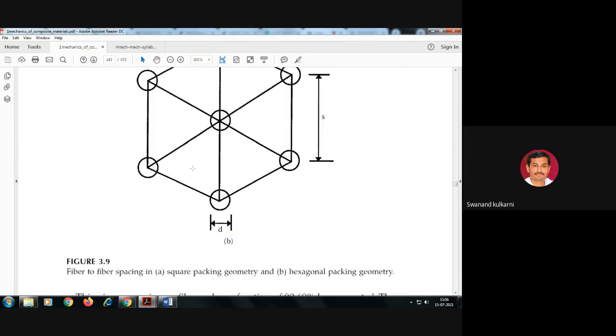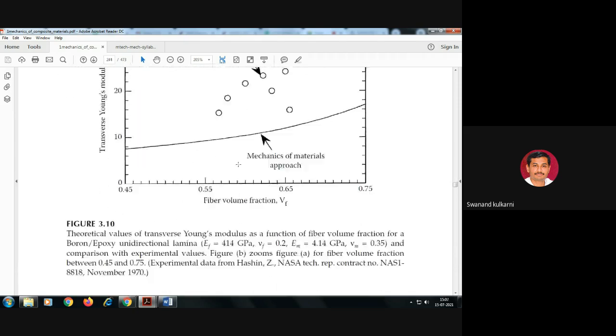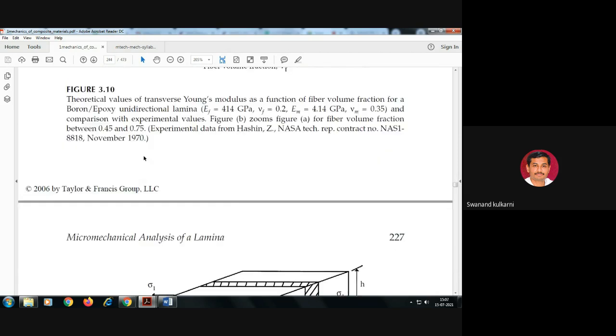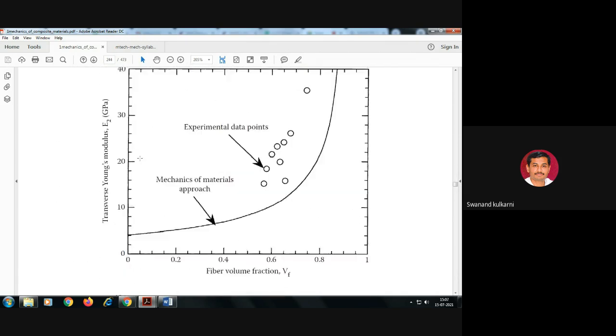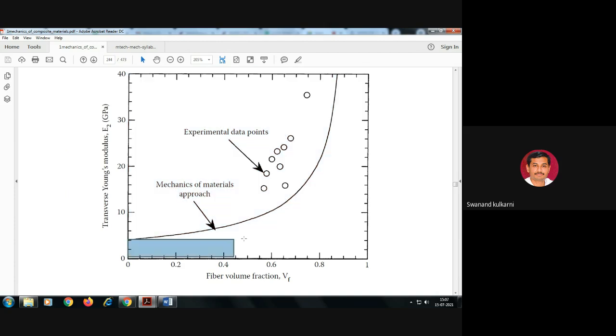So that we can understand with figure B, and the visualization has been shown with figure 3.10 for the strength of materials or mechanics of materials approach. Experimental data points are shown here, and the mechanics of materials approach is shown from this point to this point.